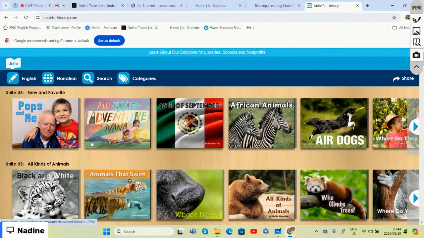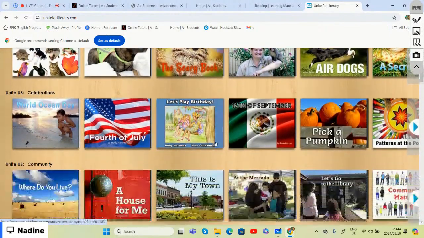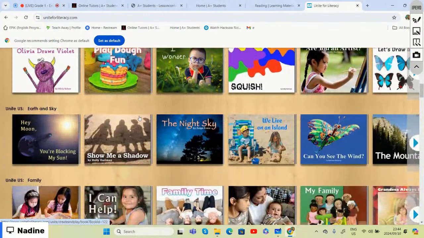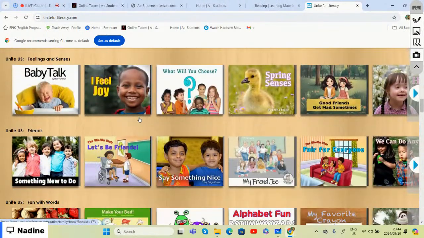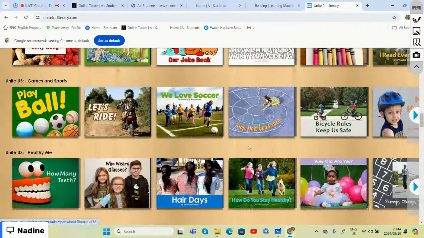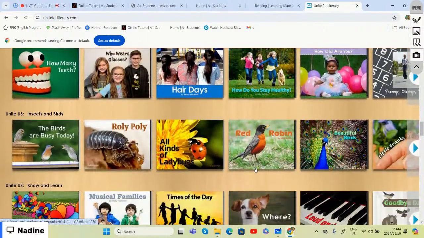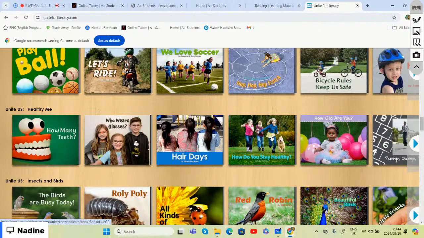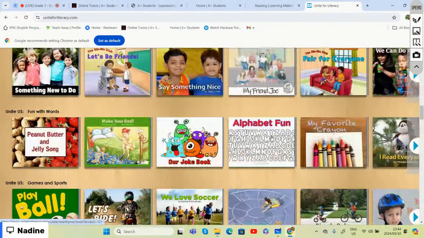So if you look at all of these books, these are under A plus classes, and over here we have a lot of books. These are all audiobooks. So we are going to try and read at least one of these books whenever we have our session.